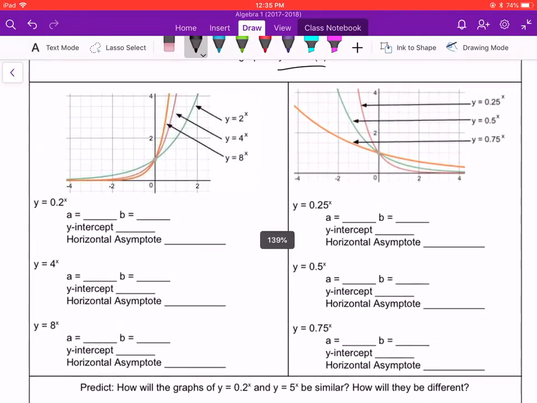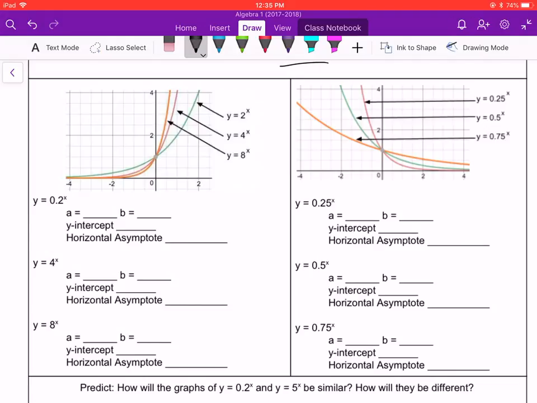Now look at these graphs. What if I'm changing the ratio, changing the b value? Here, there's no a, so a is 1, but b is going to be 0.25. That means the y-intercept is still 1, since the asymptote is always 0.